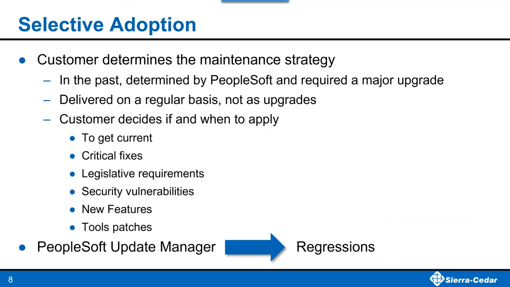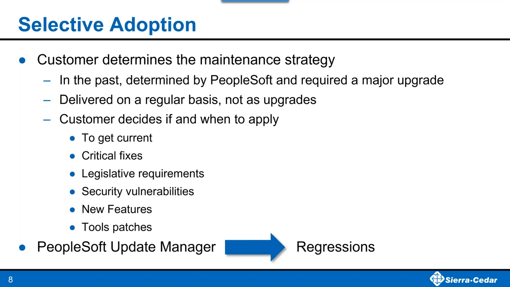you may determine whatever maintenance strategy you're going to have. In the past, we all are used to the major upgrades, from 9.0 to 9.1 to 9.2. Well, that's come to an end. PeopleSoft said there will not be any upgrades to the business processes.